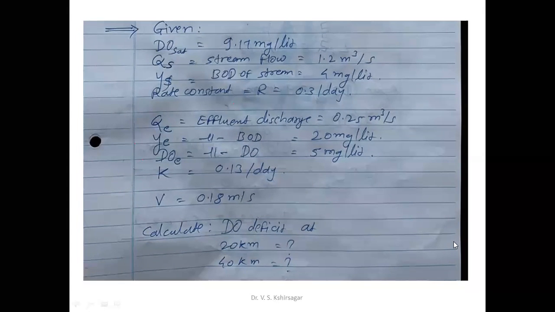The dissolved oxygen of the effluent is 5 milligram per liter. The deoxygenation rate constant K is 0.13 per day, and the average velocity V is 0.18 meter per second. What is to be determined is the dissolved oxygen deficit downstream after 20 kilometer and after 40 kilometer distance. At these two specific points, you can determine the dissolved oxygen deficit.